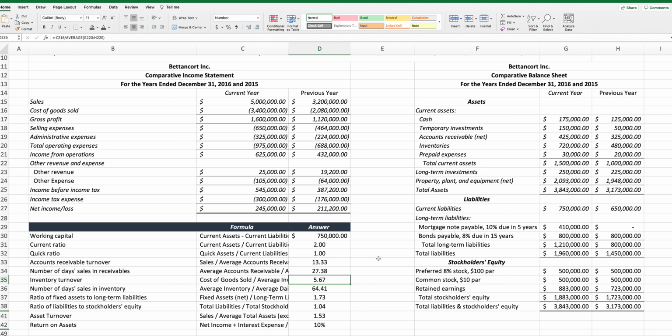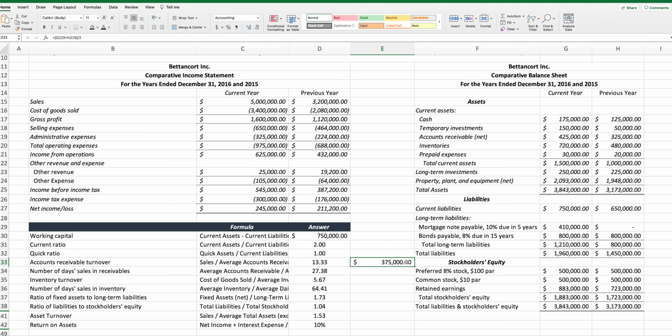So what I'm actually going to do right here is break this down into two different steps. The first step is that I need to find my average. Now I can do this one of two ways. I can say my 425 plus my 325, close my parentheses, and then divide it by 2. So that gives me 375.